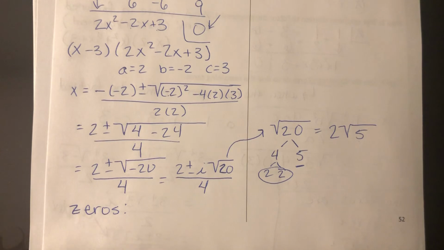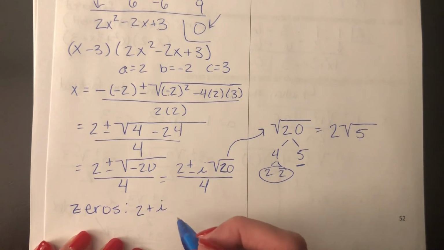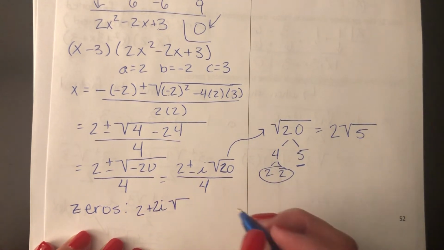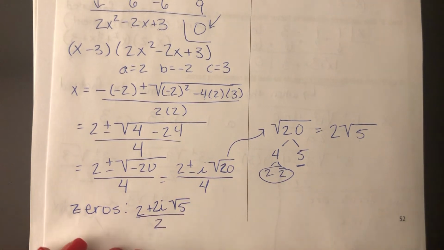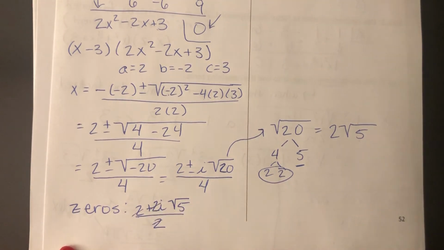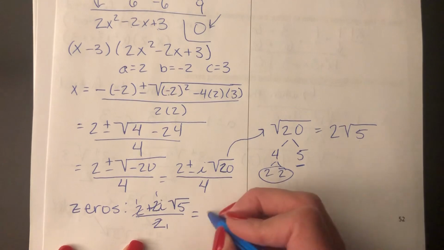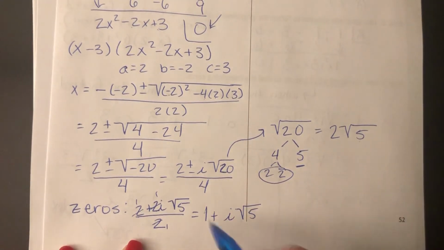So my zeros are 2 plus or minus 2i square root of 5 over 2. Now, actually, you can simplify that even more, and we really should, because you can reduce that by 2 there. So this is really 1 plus or minus i square root of 5.